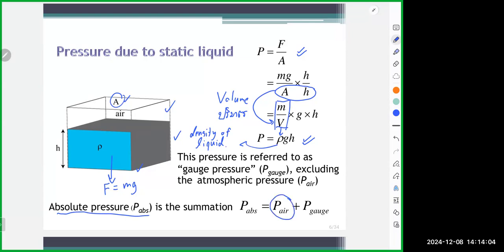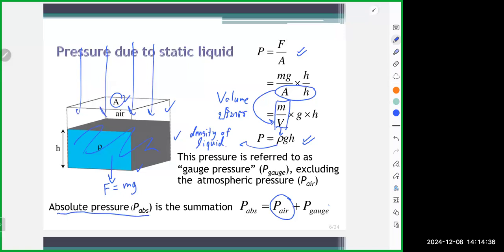So the gauge pressure is only the pressure from the liquid, but there will be air on the top that already presses on the liquid, and the liquid presses on the floor or the bottom of the container.